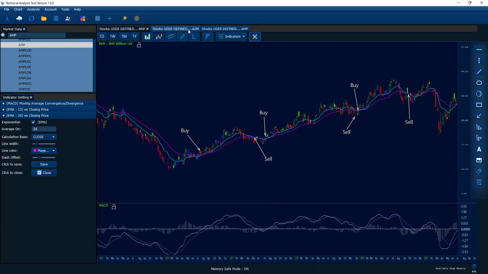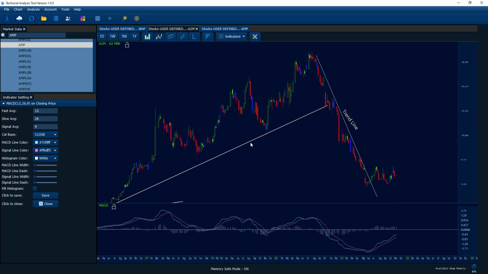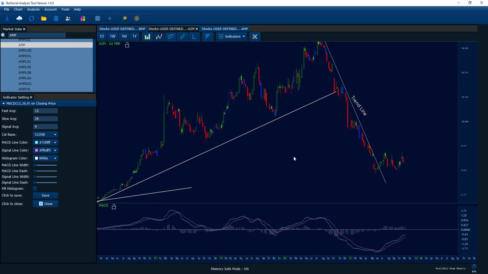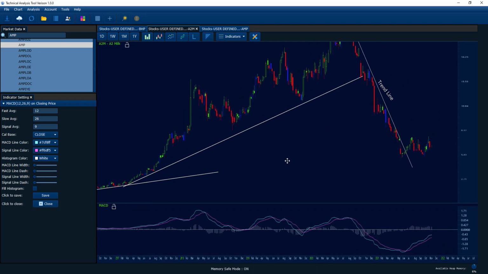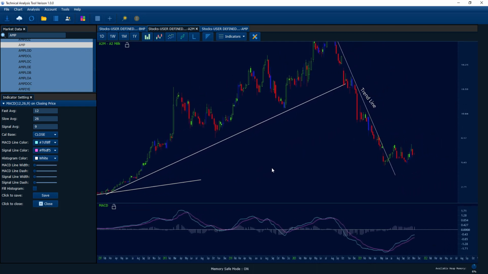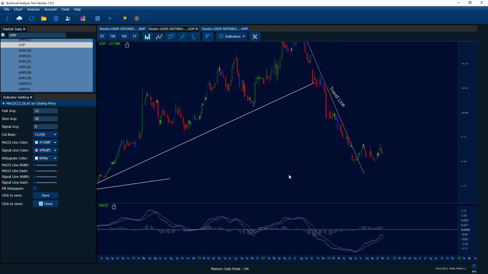All right, let's see if we can find another divergence somewhere. Okay, right here, but we can't prove it. Or maybe here is not a good example.